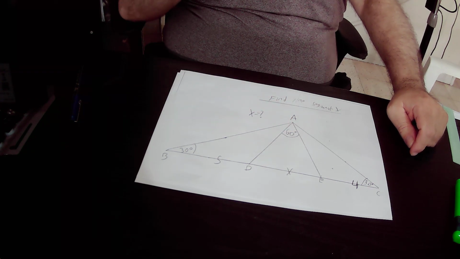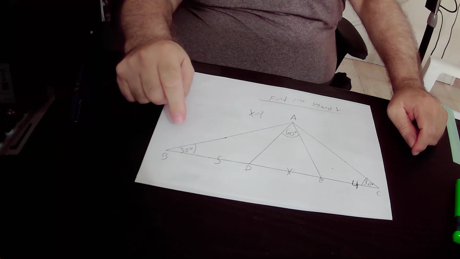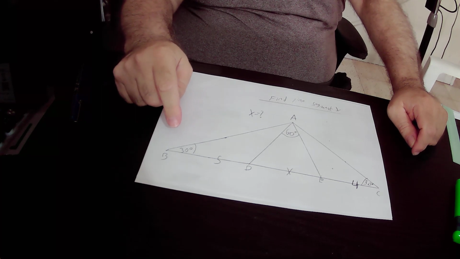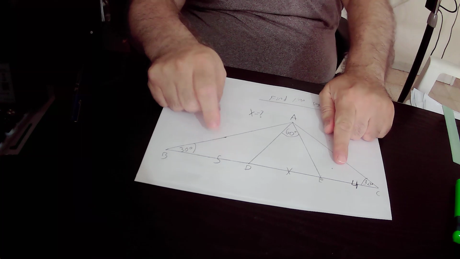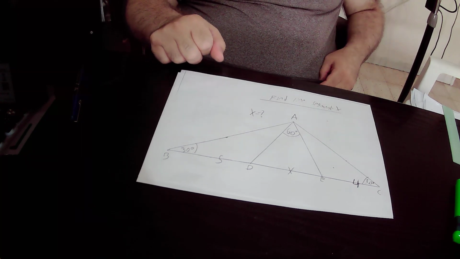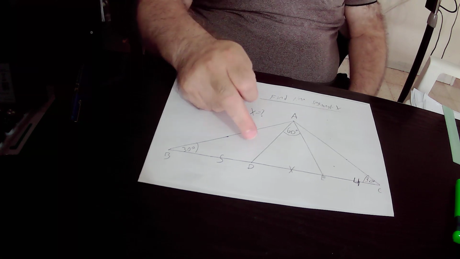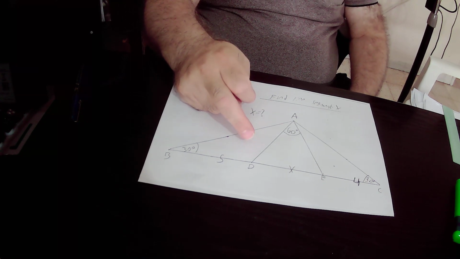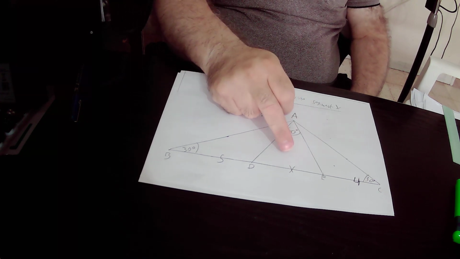And we also know that line segment BD equals 5 units, line segment CE equals 4 units, and our mission is to find the length of line segment DE, which is equal to X.